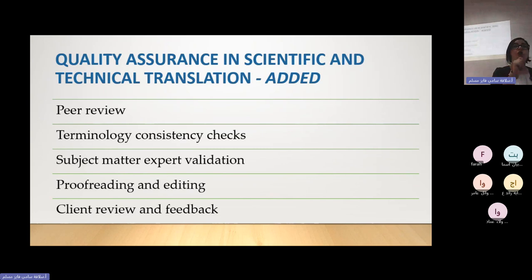Not all translators are editors and proofreaders. For example, I have 15 years of experience in translation, and I have as equally years of experience in proofreading and editing, because I do proofreading and editing for others, okay? I do it for other translators.